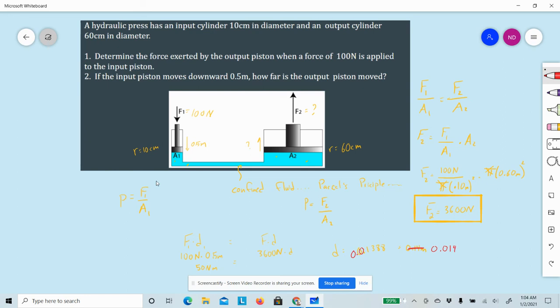So when this thing moves a half a meter, this thing goes 1.4 centimeters. 50 centimeters to 1.4 centimeters. So yes, you get this great multiplication of your force, but you're going to have to apply this force over a great distance.